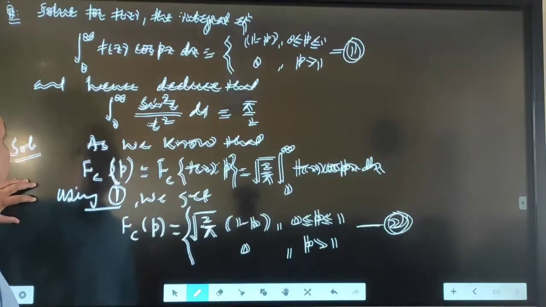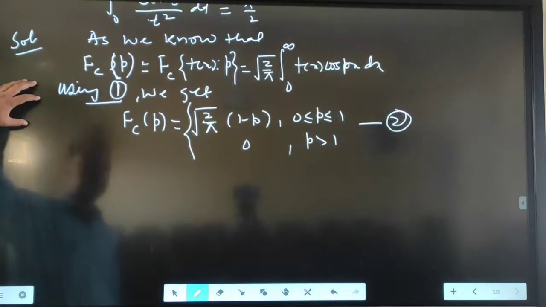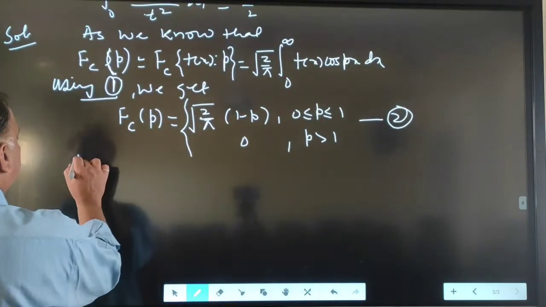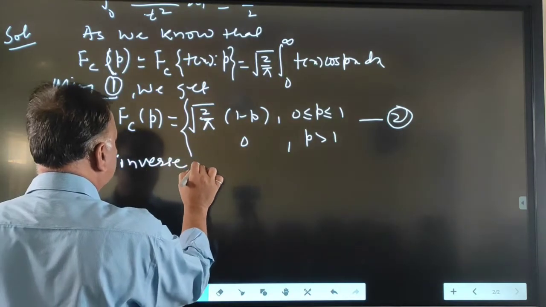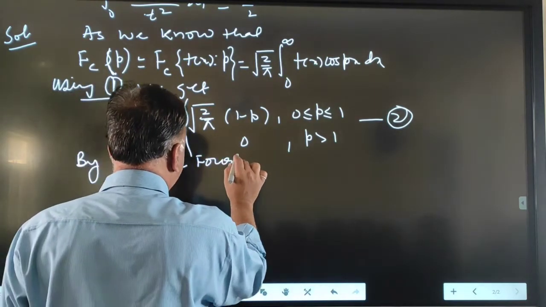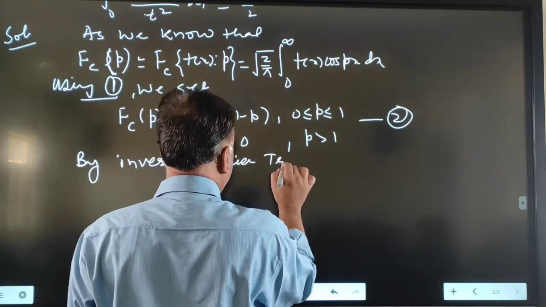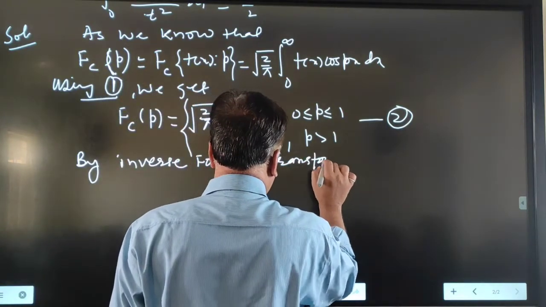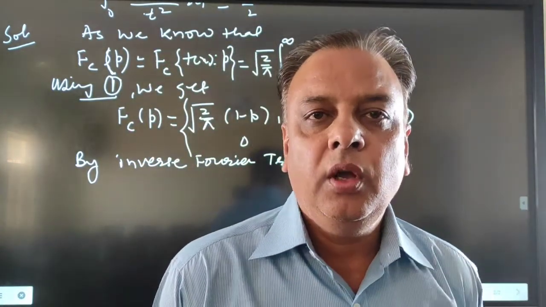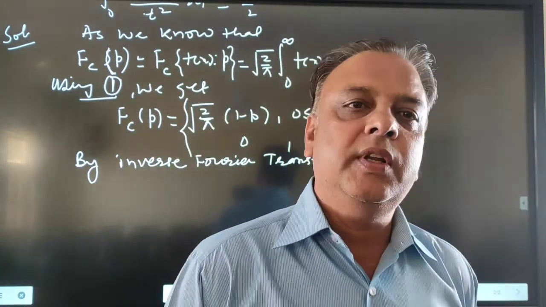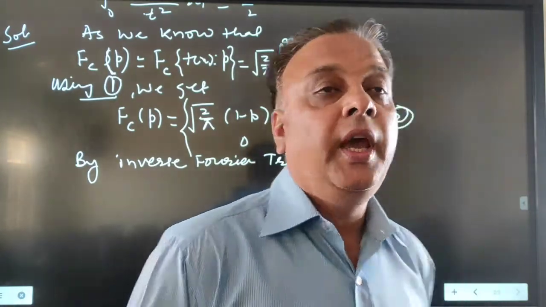Now, using the inverse Fourier transformation: as we know, if F_c(p) is the Fourier cosine transformation of the function f(x), then f(x) is the inverse Fourier cosine transformation of F_c(p).